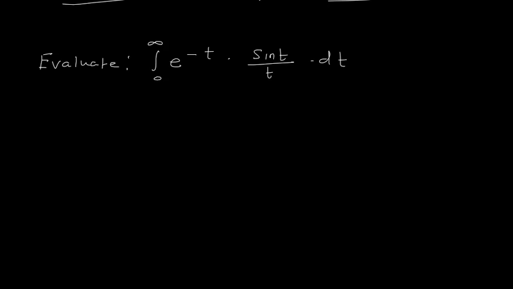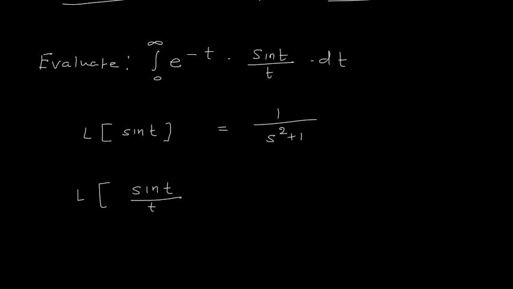We will begin with Laplace of sin t. You know the formula, it is 1 upon s square plus 1. Then we will calculate Laplace of sin t upon t. For this, we will integrate 1 upon s square plus 1 between limits s to infinity.